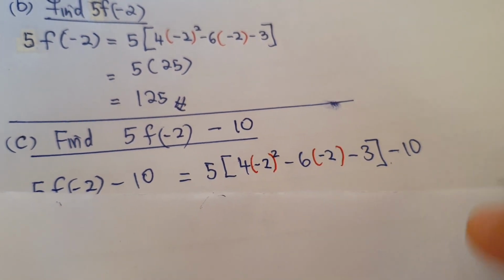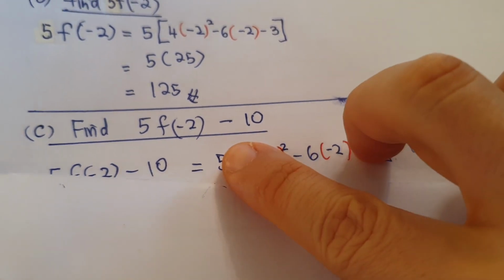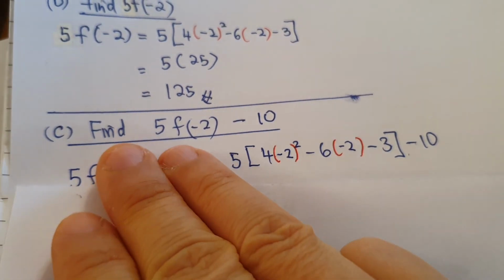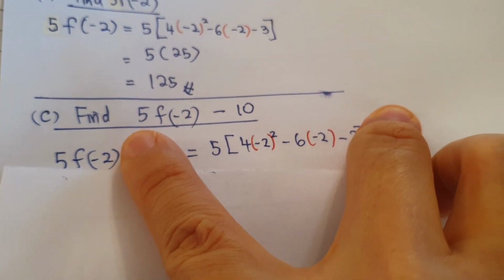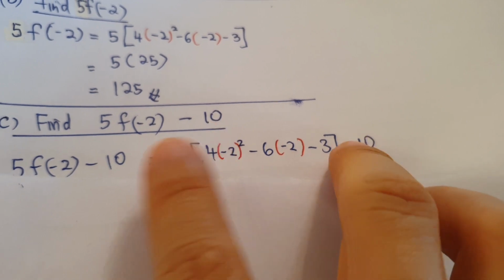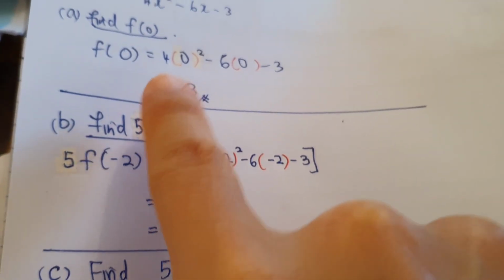It looks very complicated, but it's just very easy. This is like your 5, then your f(x) is here, 5f(x), and then the −10 is outside these brackets, outside the function.